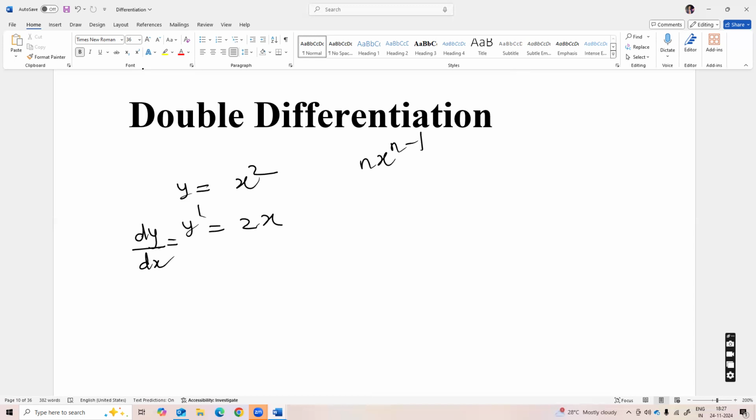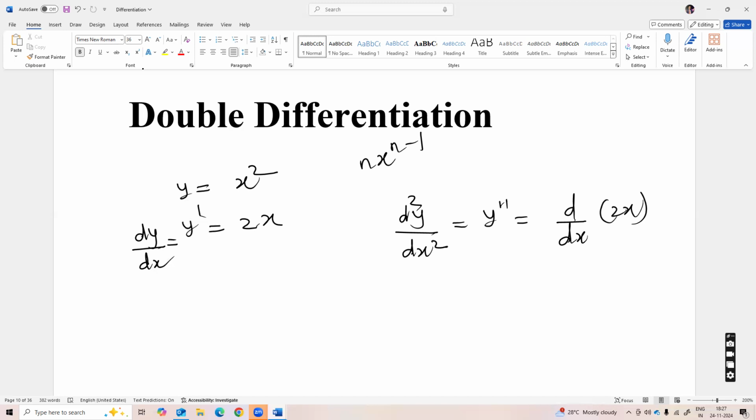But if you differentiate it again, it will become d2y by dx square, represented as y double dash, and it is basically the derivative of this 2x, because we have already differentiated y one time and it gave us 2x.